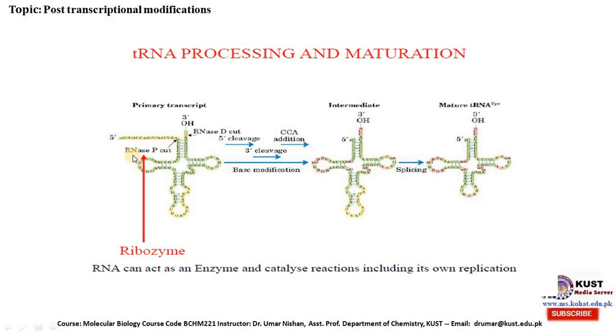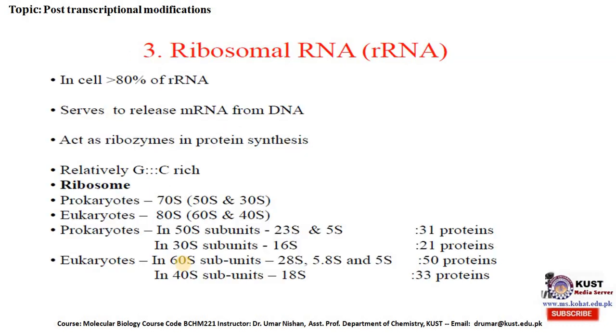This is a ribozyme, RNase P. This is the primary transcript. Cleavage, addition and different modifications occur in splicing, resulting in overall maturation of this tRNA. RNA can act as an enzyme and catalyze reactions, including its own replication. That is called a ribozyme. So this is how tRNA processing occurs.